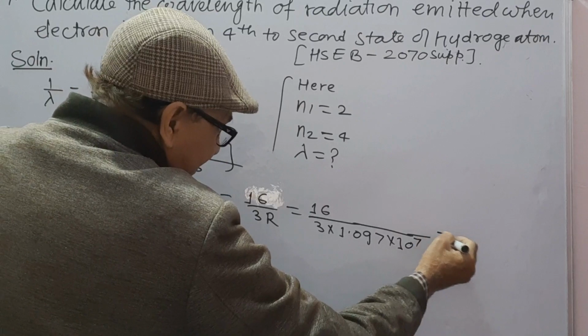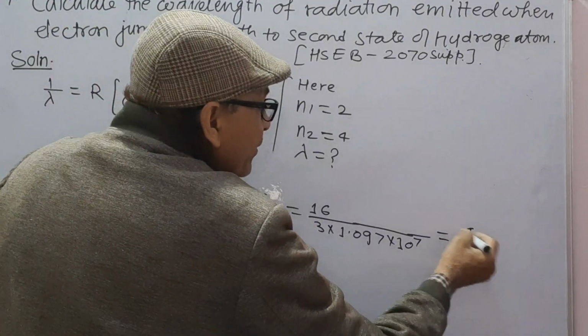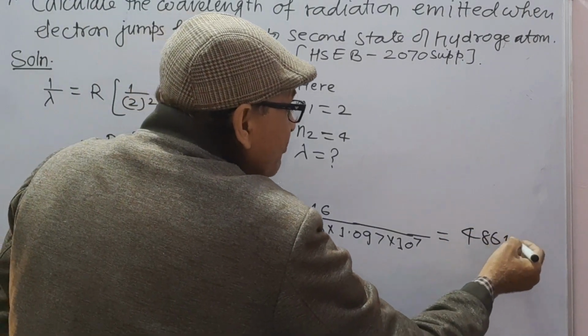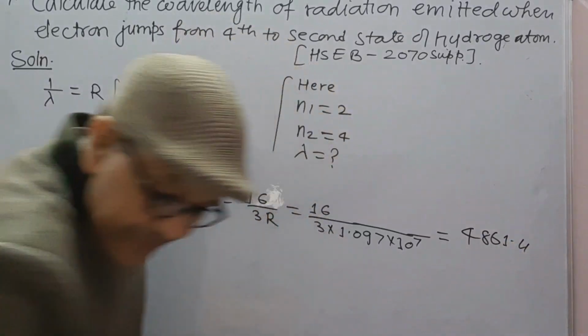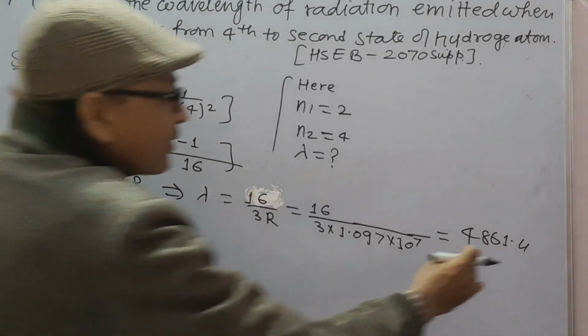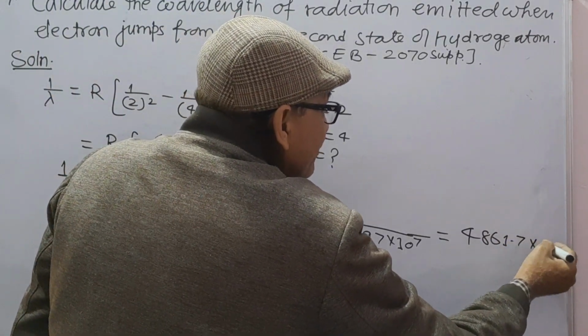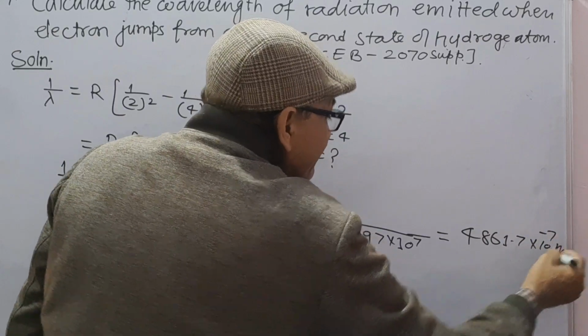On simplification, we get the wavelength as 4861.47 into 10 to minus 7 meter.